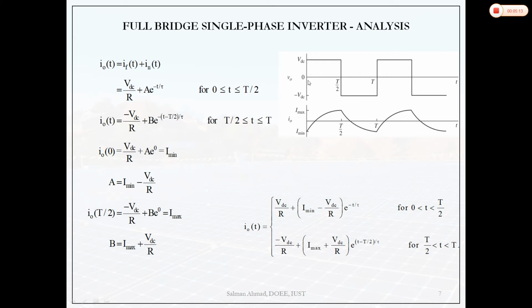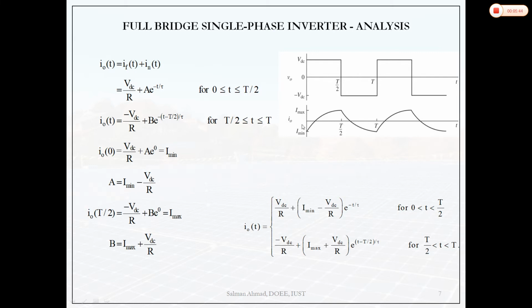From 0 to T/2 positive voltage is applied, so the current rises exponentially. In the interval T/2 to T the voltage is negative, so the current falls from the maximum value to the minimum value, then rises again. This minimum value is equal in magnitude to the maximum value, so I max is equal to minus I min.